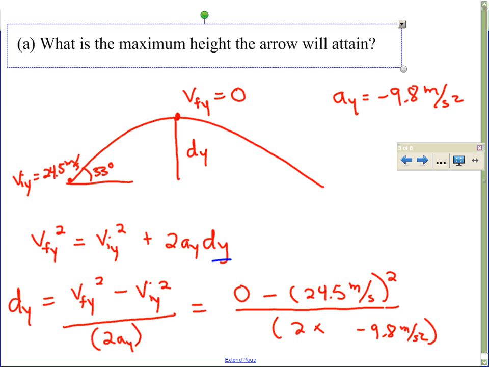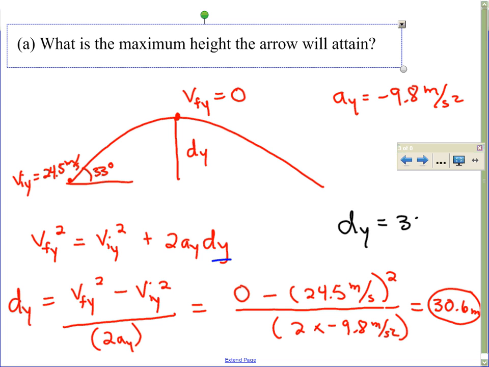Do your calculations. And you should calculate 30.6 meters is the height. I'm just going to write out here, dy equals 30.6 meters.